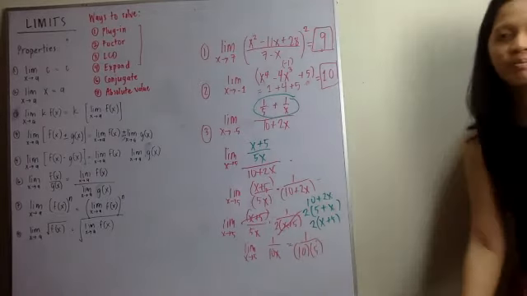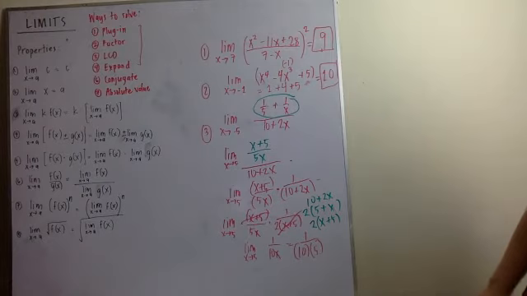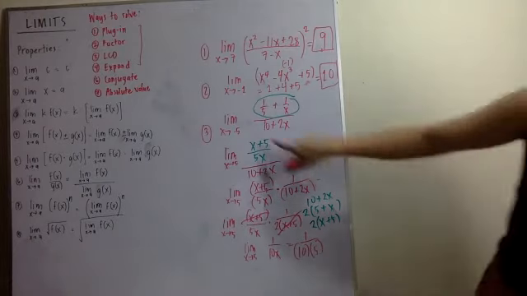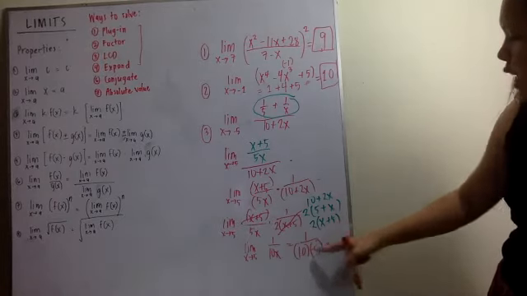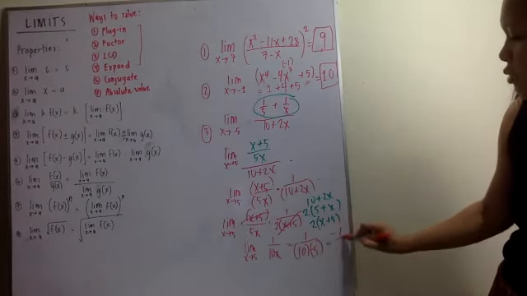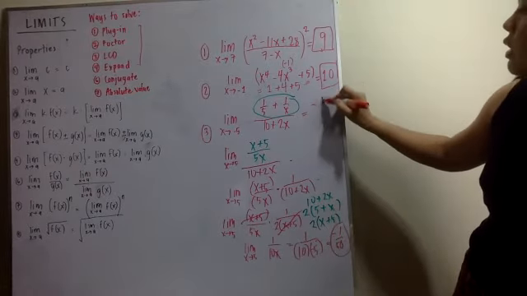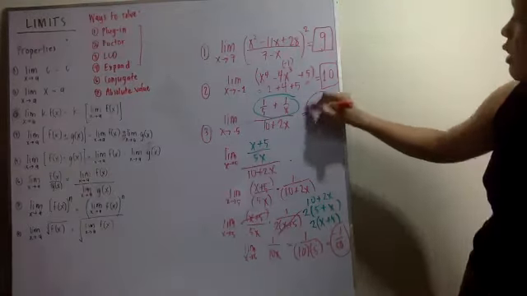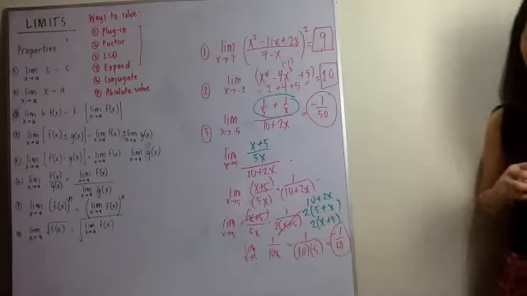What's our final answer? The final answer is, negative 5 pala, so 1 over negative 50, or negative 1 over 50. Okay? These are our final answers.